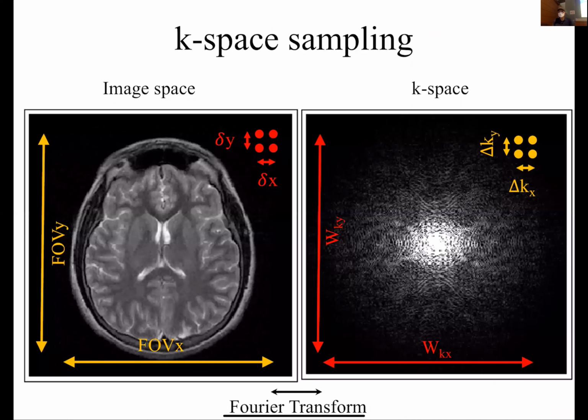Okay, so last time the main topic was this picture here, where we're talking about K-space sampling. In image space, the user is going to specify their FOV in the X direction and the Y direction based on how big the object is.